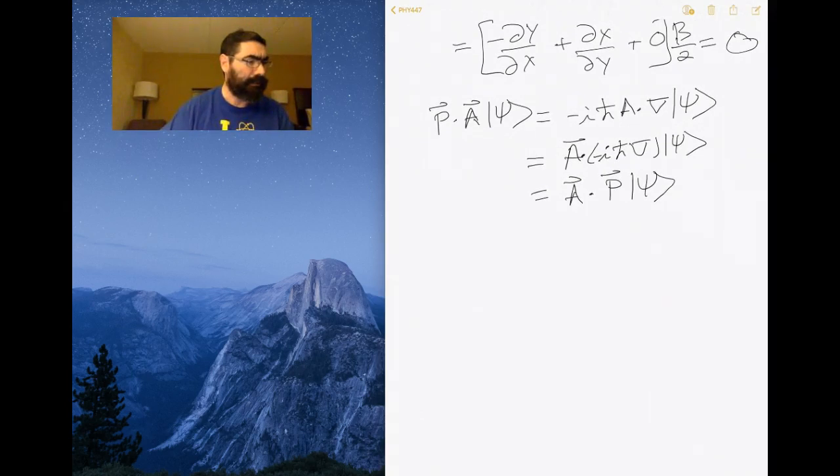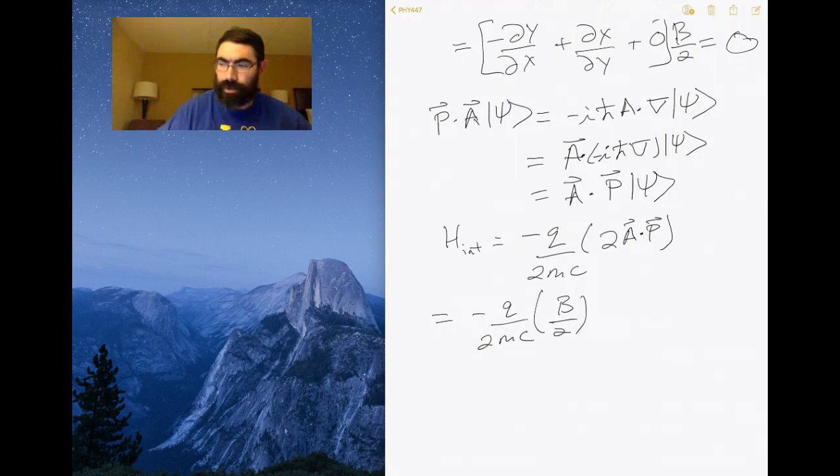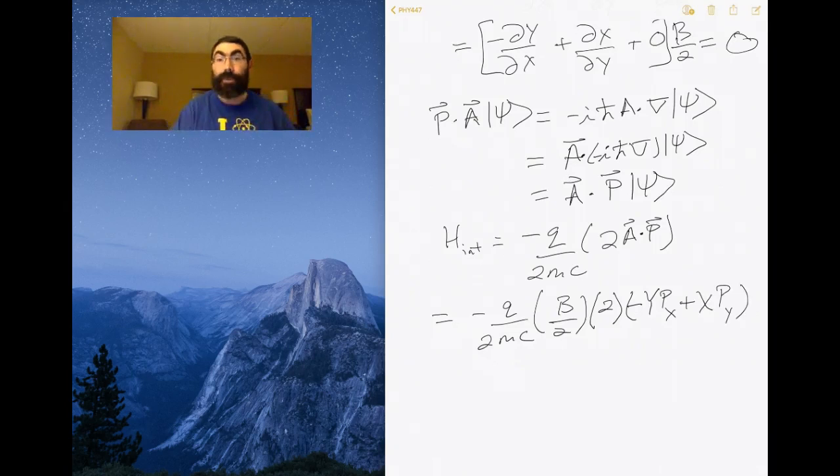And so now we can write our Hamiltonian as minus q over 2mc, 2A dot p. That's our operator, which we can write out as B over 2 times 2 times minus y p_x plus x p_y, which is the angular momentum operator.